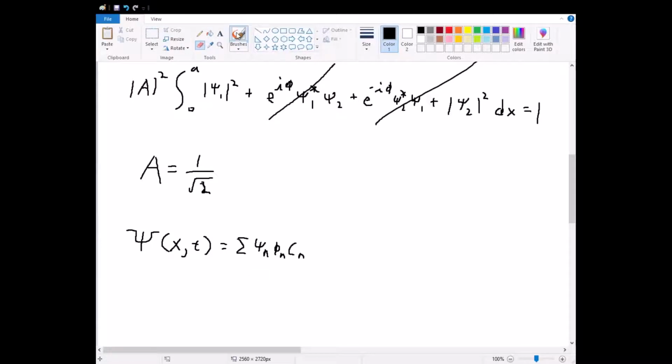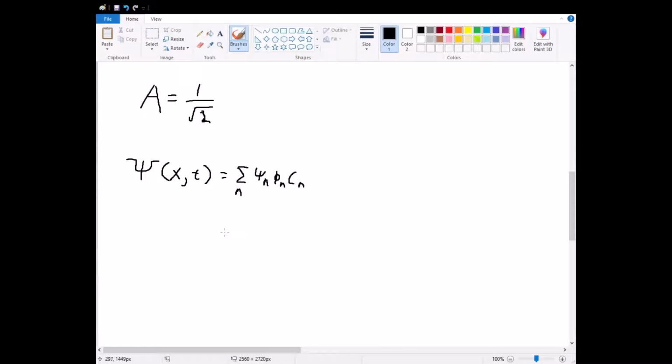It's not Cn, it's an index according to n. And from here, we already figured out how to find Cn from earlier. We used Fourier's trick. So Cn is equal to the integral from 0 to a of the associated psi n multiplied by psi of x comma 0.